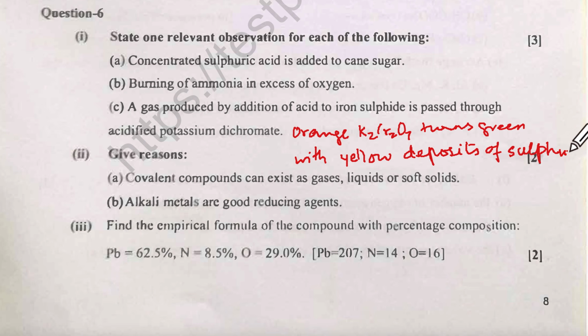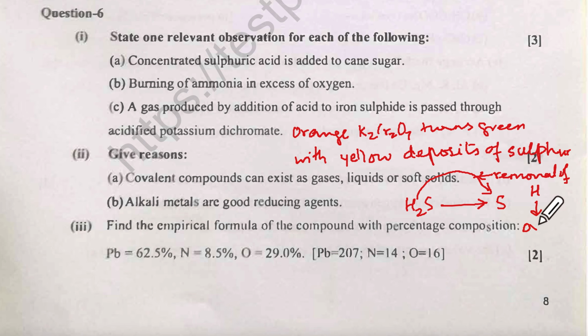Now remember H2S becomes S. How does it become? By removal of hydrogen, which is equal to addition of oxygen, means it is oxidation. So what is this? This is oxidized product.